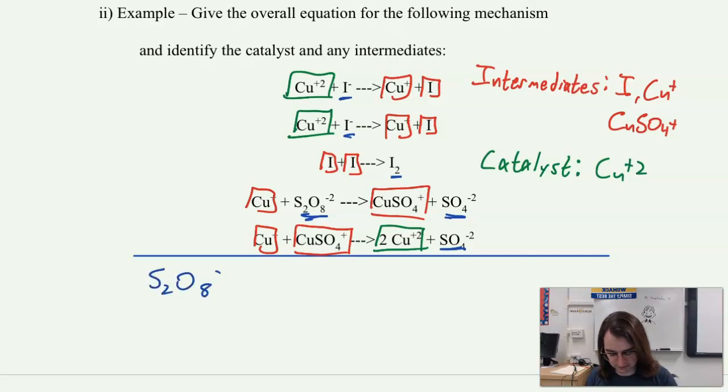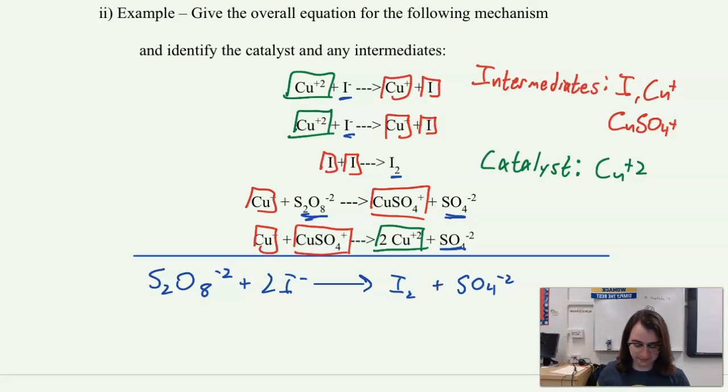So that's S2O8 2-, 2I-, and we also have I2 and SO4 2-. My pluses and minuses are sloppy. Let's fix those. That's not any better. And that's it. So that's how we would identify a catalyst.